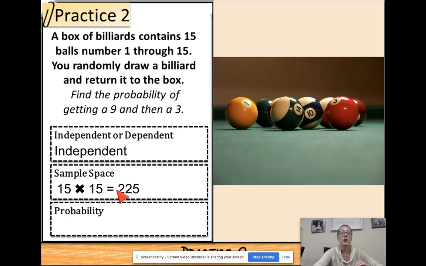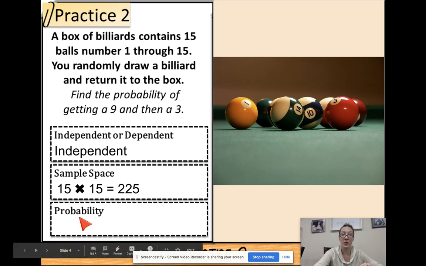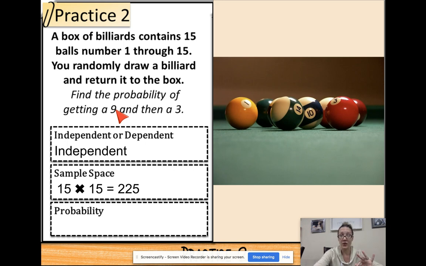Okay. Now we're going to think about this probability. We want the probability of getting a 9 and then getting a 3. Well, what's the probability of getting a 9 the first time? How many 9s are there if it's number 1 through 15? 1 9 out of 15. So 1 over 15.